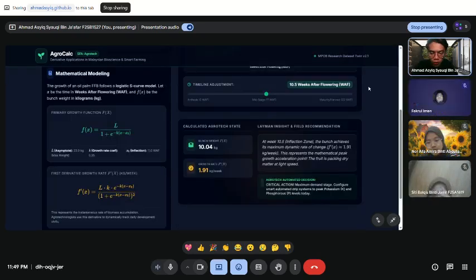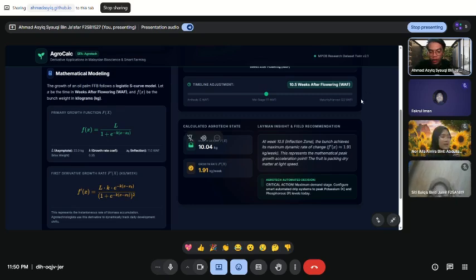So we go to the mathematical modeling. To model the weight accumulation of a fresh fruit bunch (FFB), we use a logistic growth S-curve, representing bunch weight F(x) in kilograms over x weeks after flowering.